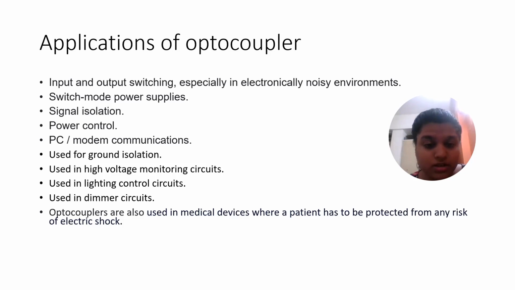It's used in signal isolation, power control, PC or modem communications, ground isolation, high voltage monitoring circuits, light control circuits, and dimmer circuits. Optocouplers are also used in medical devices where a patient has to be protected from any risk of electrical shock, and this is a very important application of optocoupler.